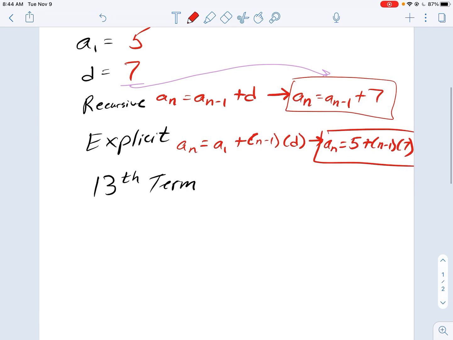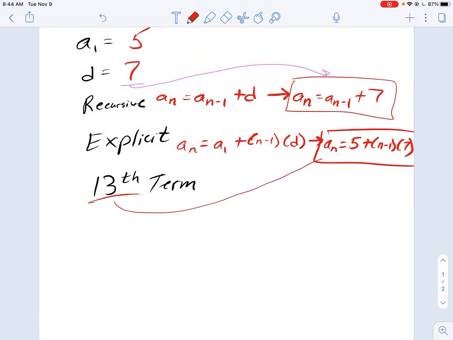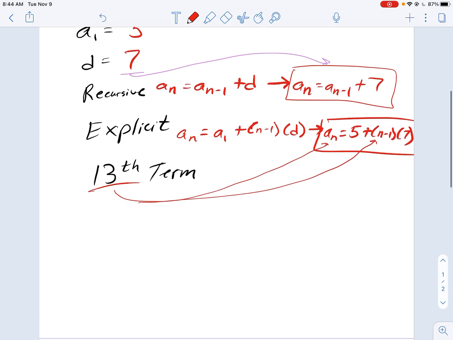Now for the 13th term, I'm just going to plug 13 in for everywhere that I see an n in our explicit formula. So A sub 13 is equal to 5 plus 13 minus 1 times 7.